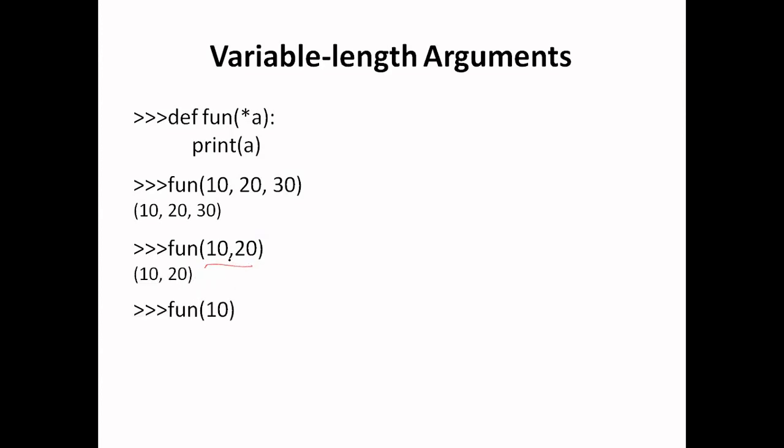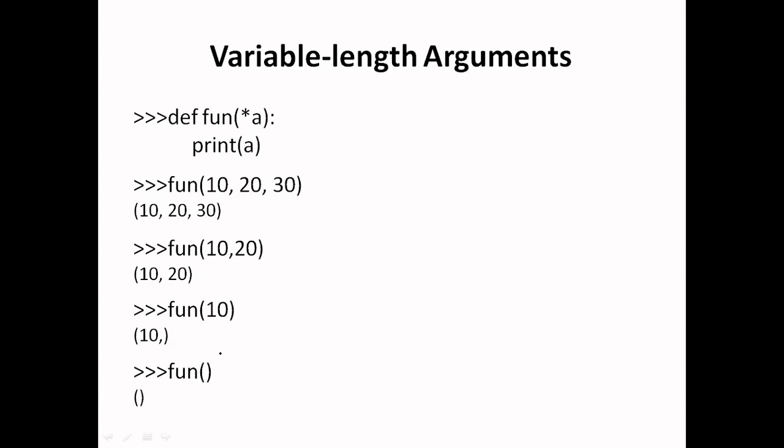If you pass the function just two values, these two values will be accommodated in this variable a, that means this tuple of variable length argument. So it now has two elements, and in this case it has one single element. This is basically a tuple of a single element, and if we do not pass any values, it will return the empty tuple.